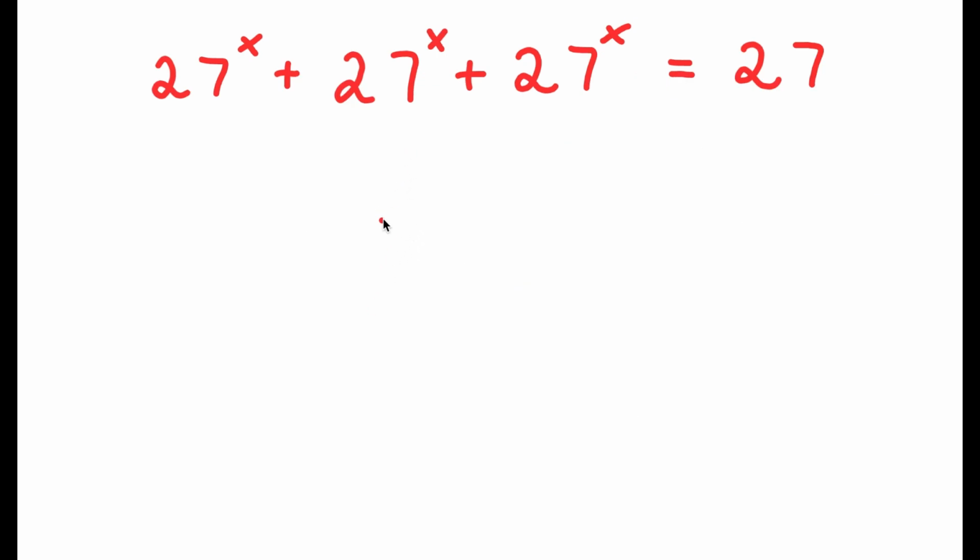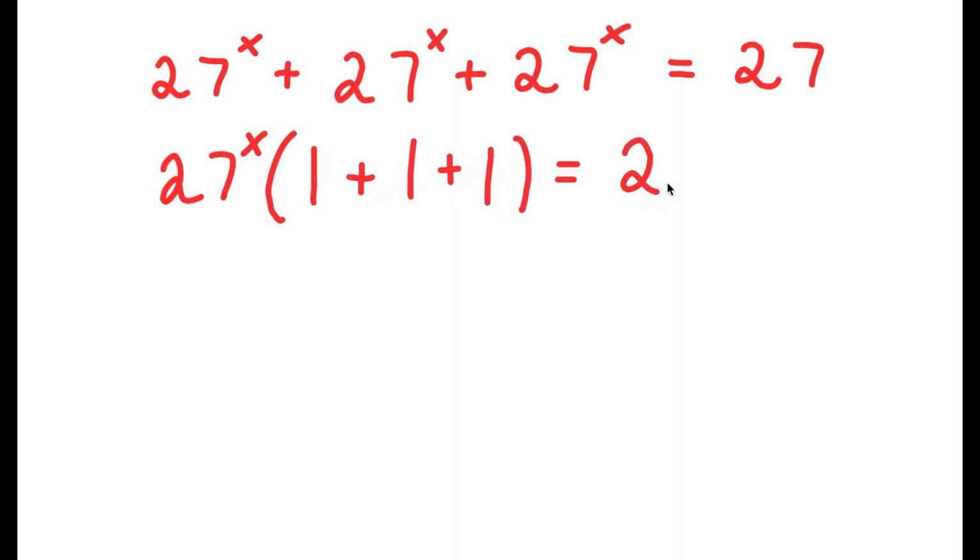Alright, so in this problem, I have 27 to the power of x plus 27 to the power of x plus 27 to the power of x is equal to 27. So to solve this, I'm going to first start by factoring out 27 to the power of x. So now I have 27 to the power of x times 1 plus 1 plus 1 is equal to 27.